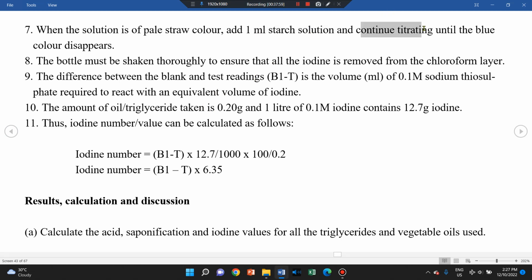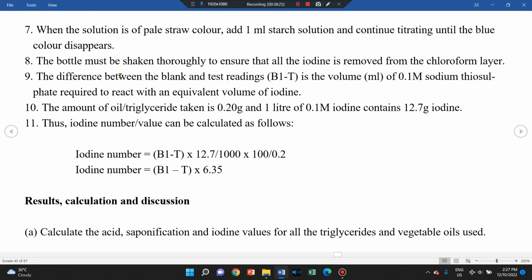Then you continue titration with sodium thiosulfate until the blue color disappears. It disappears quite fast, so be careful. If you go overboard and add more sodium thiosulfate than supposed to, you will not be happy, because you might have to repeat, and that will take a long time.